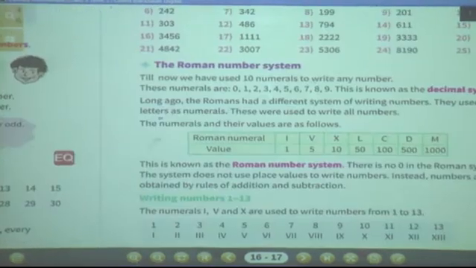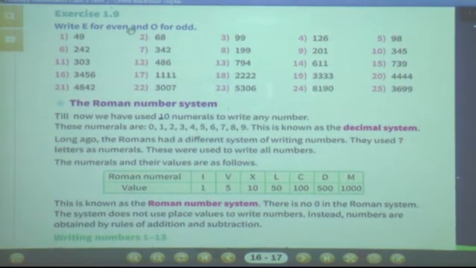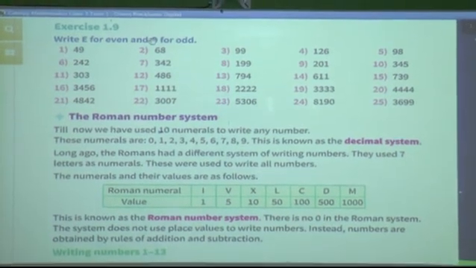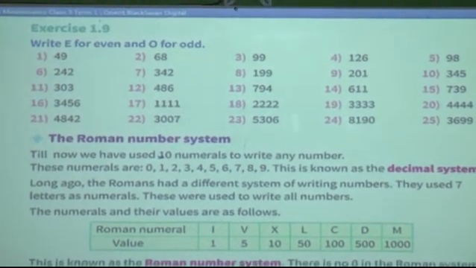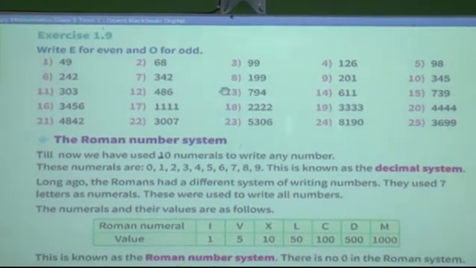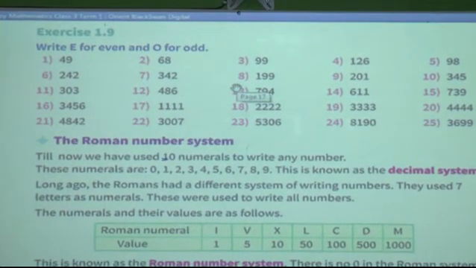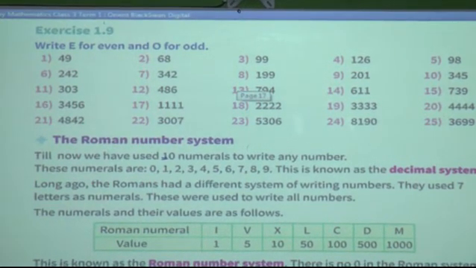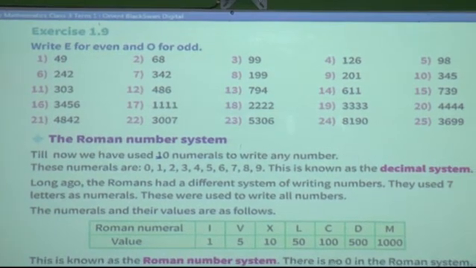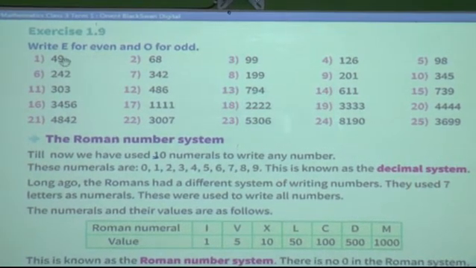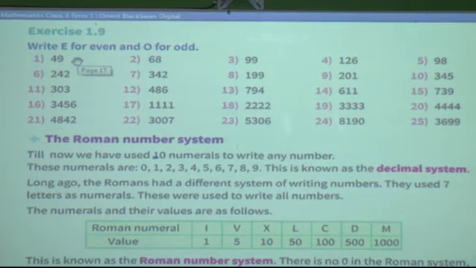Now see this exercise. Now we will solve exercise 1.9. The question is, write E for even and O for odd. Now dear students, what do you have to do? I will read out the number and you have to write: if the number is even, you have to write E in front of that number, and if the number is odd, then you have to write O in front of that number.